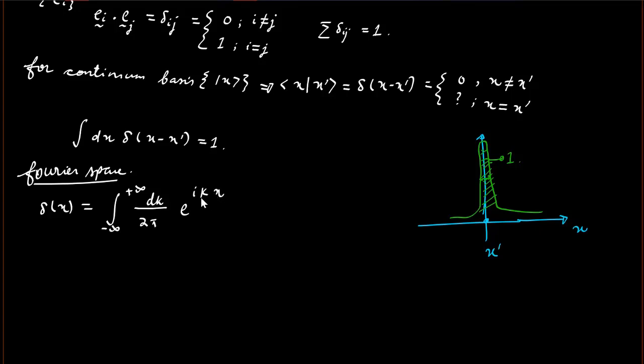Actually this is k dot x, but k is along the x direction, so I'm just not writing that. We just assume that. Also I can write this in terms of the momentum, from minus infinity to infinity, dp over 2 pi h cross, e to the power i by h cross p x.